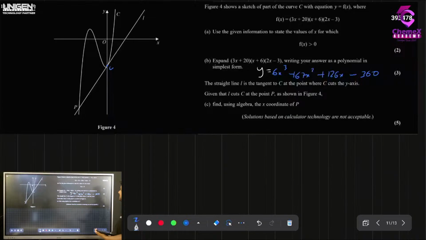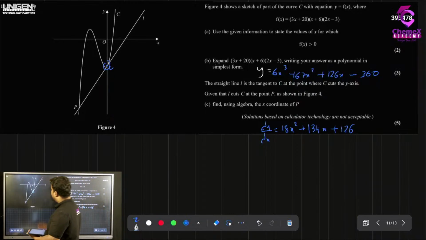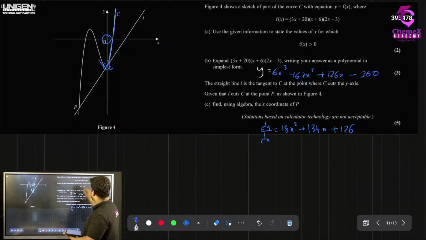So since you found this, you can find dy over dx, because the gradient at C is the same as the tangent at C. So dy over dx equals 18x squared plus 134x plus 126. So when x equals 0 in the curve, what is y?